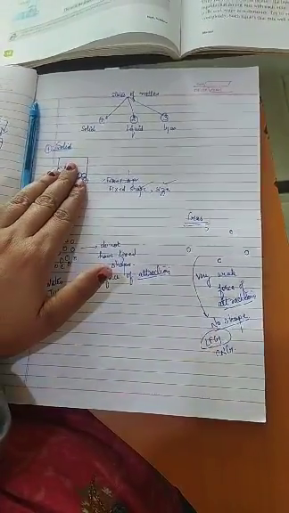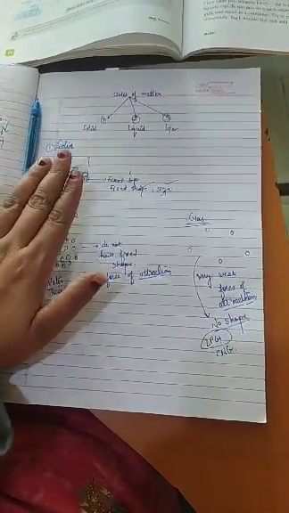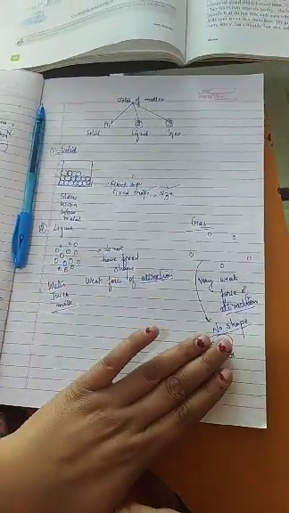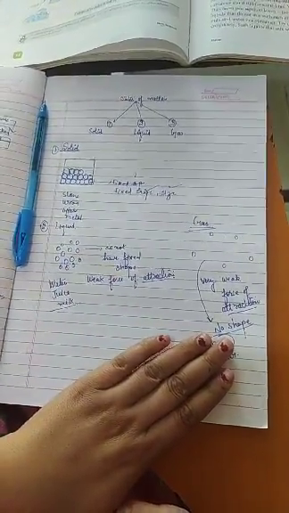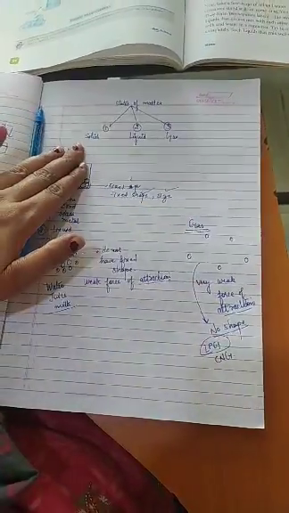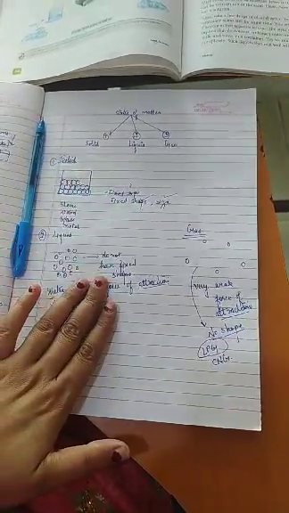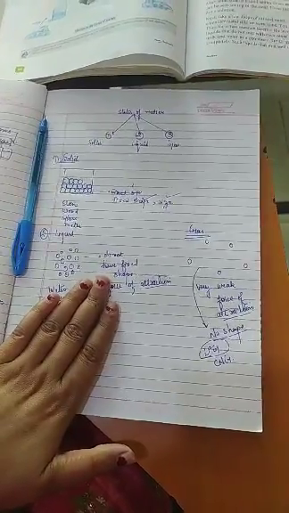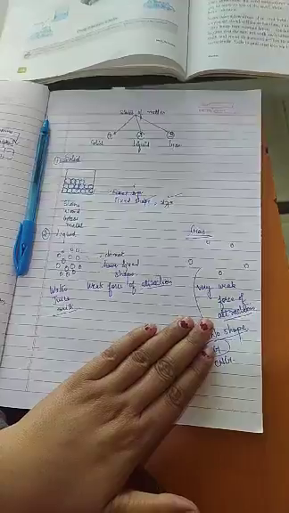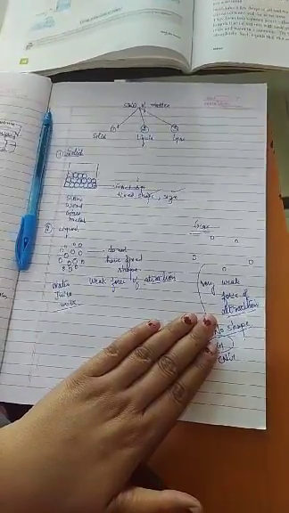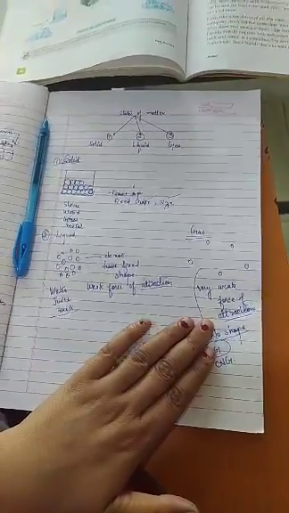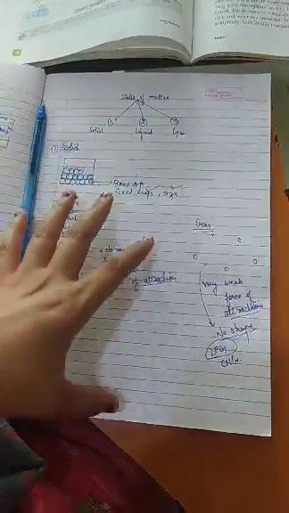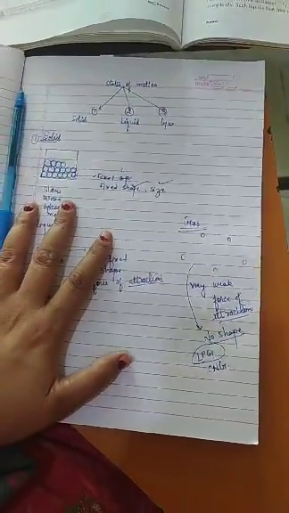Here force of attraction is maximum, here minimum, here very weak force of attraction. It has shape. It does not have shape. Here again it does not have shape. Okay? So these are the major differences between these three.